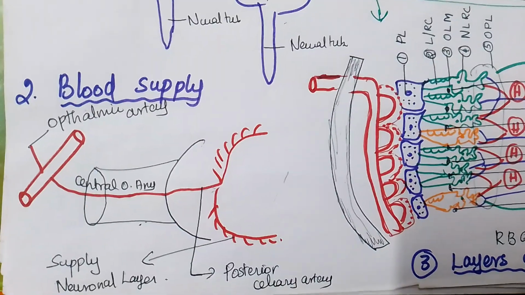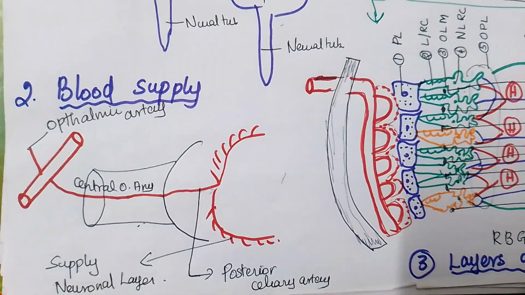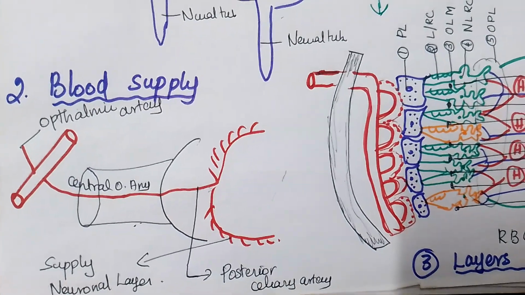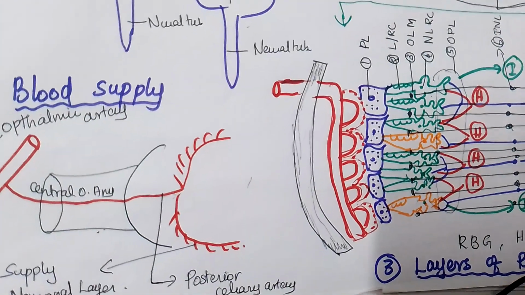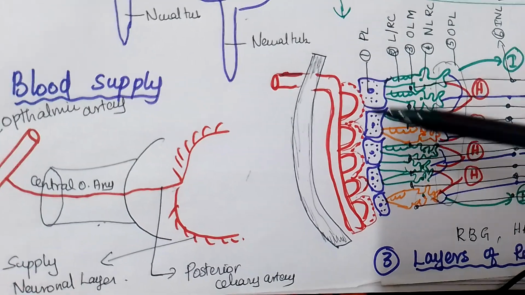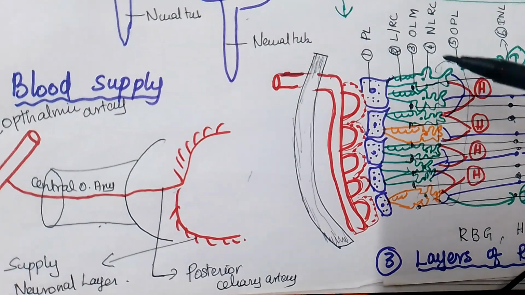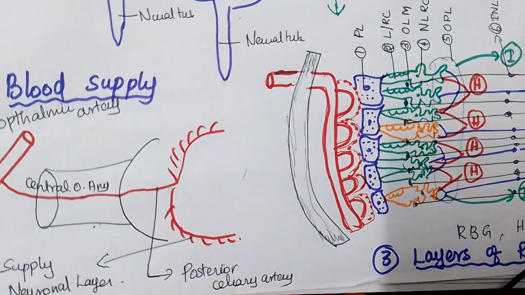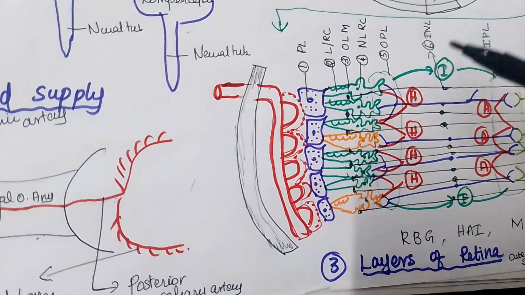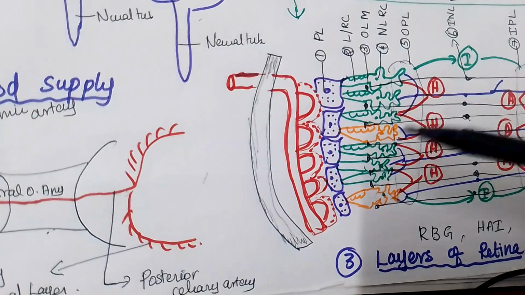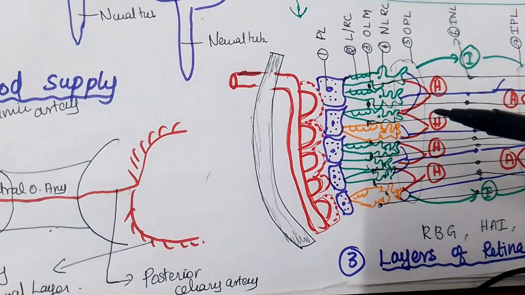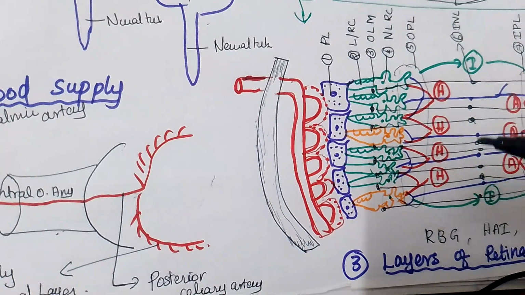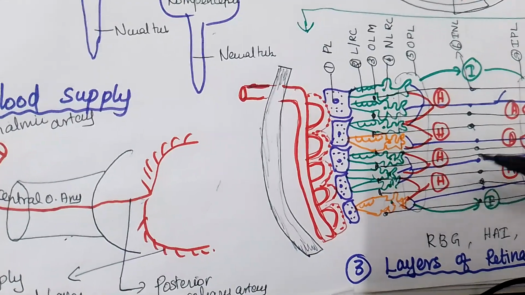If you see the cells of the retina, there are four major kinds of cells present: epithelial cells, photoreceptor cells, neuronal cells, and glial cells. All these cells are arranged in order, and this arranged order is what creates the retina.